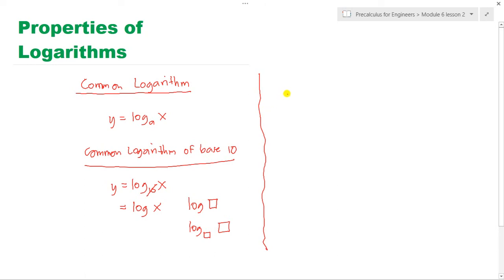The second style of writing a logarithm is called the natural logarithm. It is denoted as y is equal to the natural logarithm, ln.